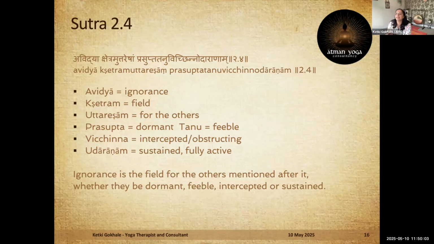So, avidya being the basic klesha, the others are I-amness, strong likes, strong dislikes, and clinging to life. They can be in these four categories: prasupta, tanu, vichchinna, udaranam. Dormant, weak, obstructing, or very strong. We always go through these kleshas, knowingly or unknowingly.